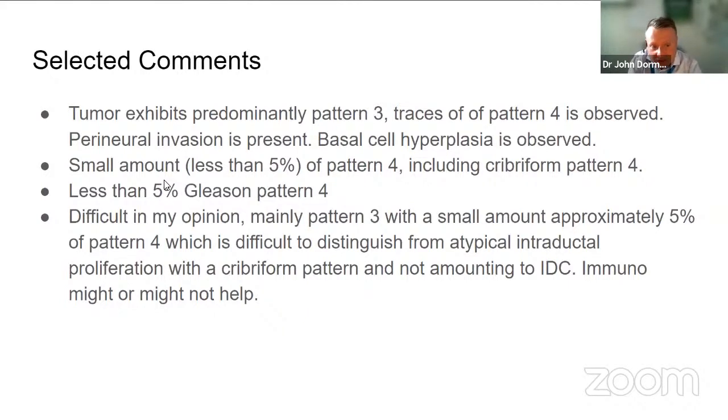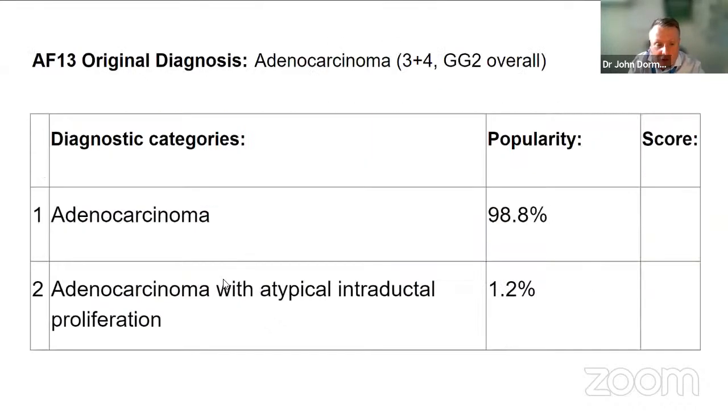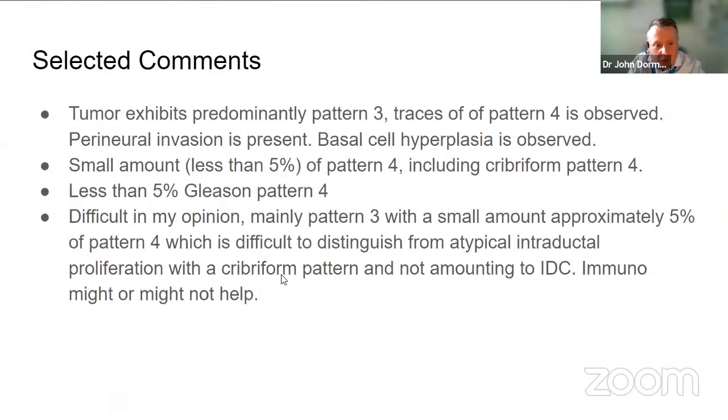Most people commented that most of the tumour was predominantly Gleason pattern 3, so well-formed glands with a trace or focal elements of Gleason pattern 4, less than 5%. There was also some comments about a cribriform proliferation with those 2 glands that I showed you on the last slide, with comments about really how to score that.